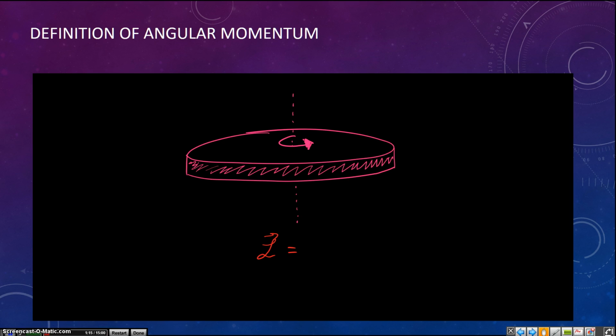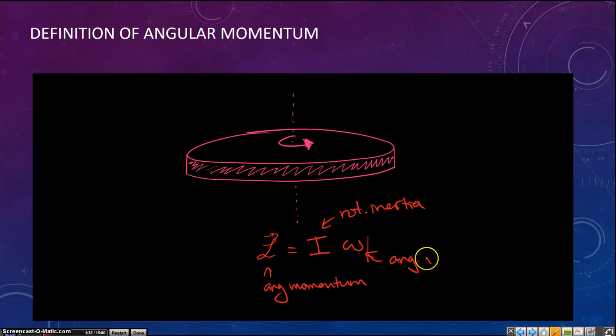So the definition of angular momentum is L, which is angular momentum, equal to I, my rotational inertia, times omega, my angular velocity, and this will be in radians per second. Omega needs to be in radians per second, and that's really all there is, guys.